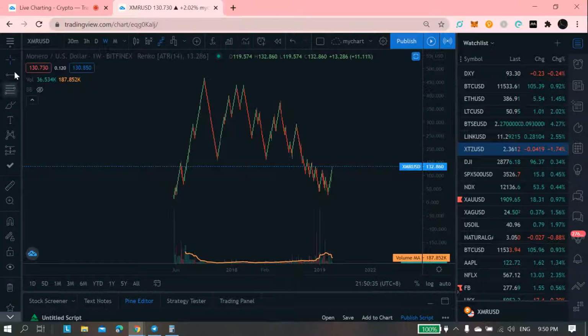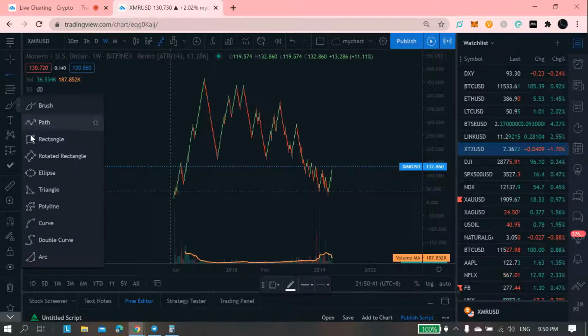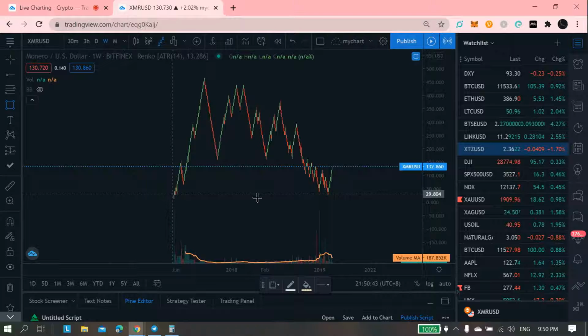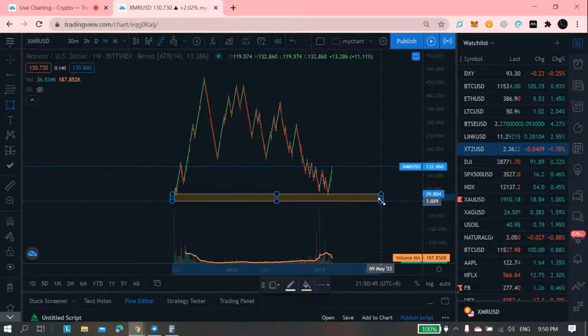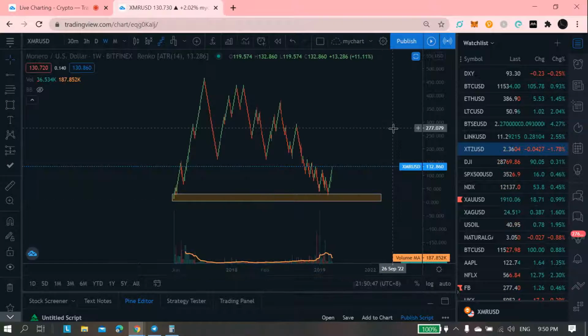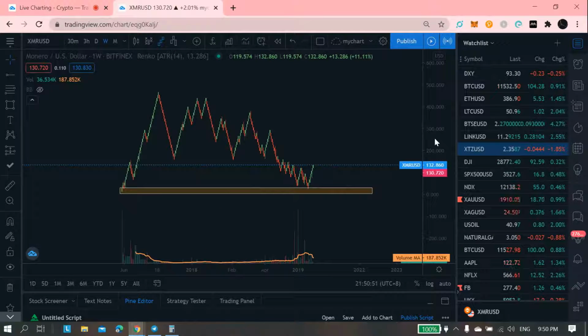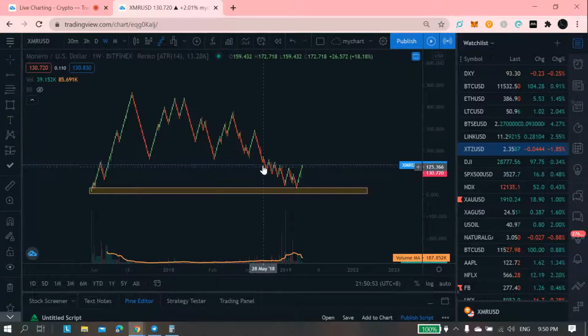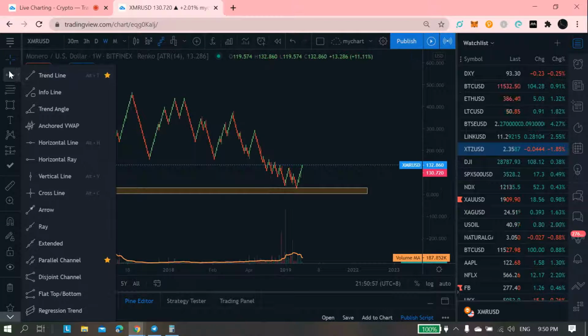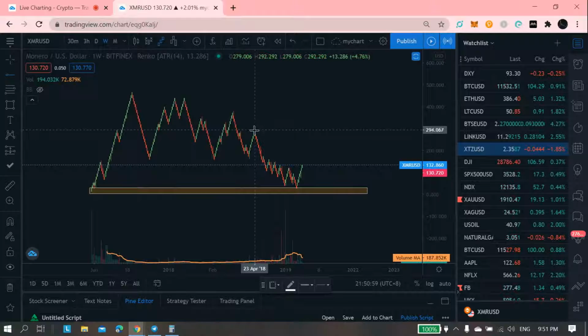It's like a double bottom actually here. Now it's currently, I think it will retest this area.